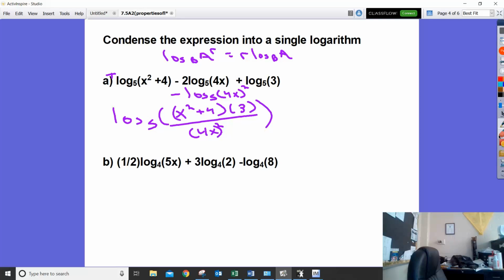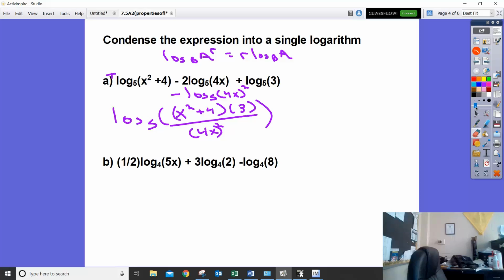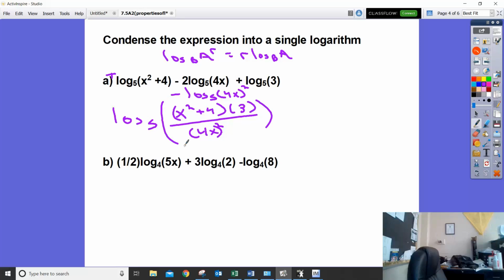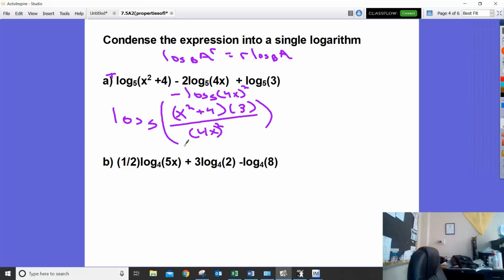Let me do a little erasing right here. That's your logarithm. Log base 5 inside that, in the numerator is your x squared plus 4 times 3. Down low, a 4x that has to be squared. You're not done with this thing. All you've done is the initial condensing. You haven't done any simplification yet.